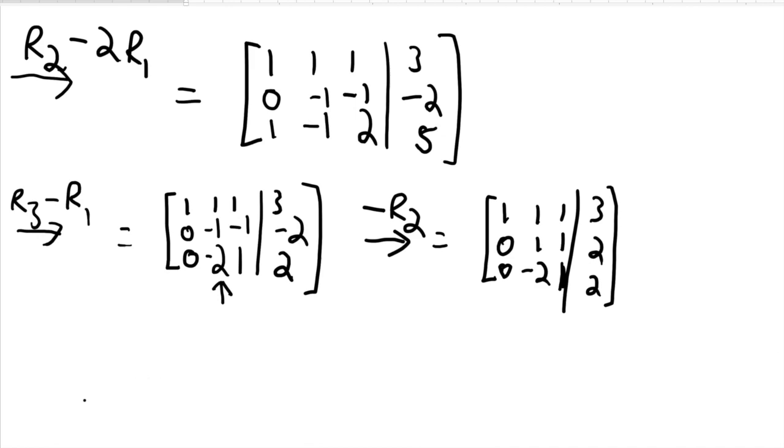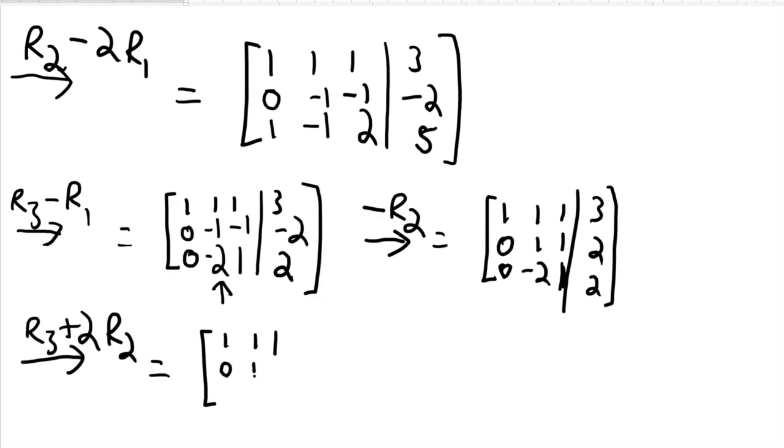And the way we're going to do that is add 2 times row 2 to row 3. So row 3 plus 2 row 2 will give us 1, 1, 1, 0, 1, 1, and then 0, 0, and then 1 plus 2, 1 plus 2, that'll be 3, and then 3, 2, and then 2 plus 4, that'll be 6.